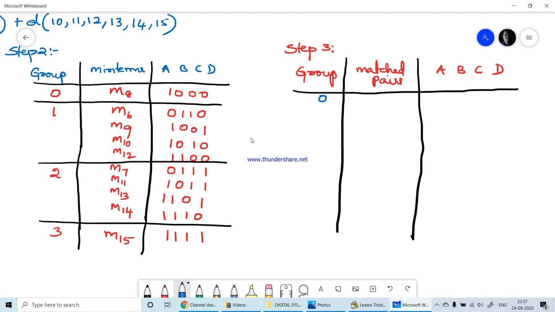Which comparisons will group 0 have? M8 and M9. So I have M8, M9, which is 1, 0, 0, dash. Then I have M8 and M10, which will have 1, 0, dash, 0. Similarly I have M8 and M12, which will have 1, dash, 0, 0. And I hope this is the end of group 0.